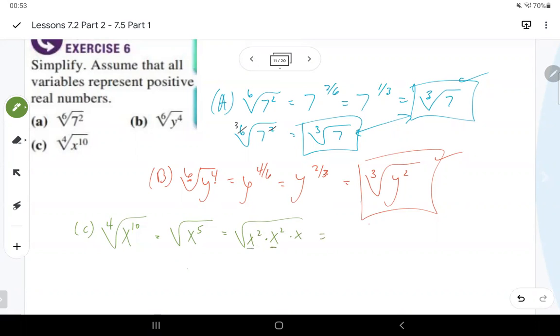We're going to pull out 2 x's, so x squared square root of x is our answer there. So you need to remember that that is taking care of that last checkbox that says that no inside exponent is going to be more than the index, which in this case it would have been. So that is why we had to finalize it like that.